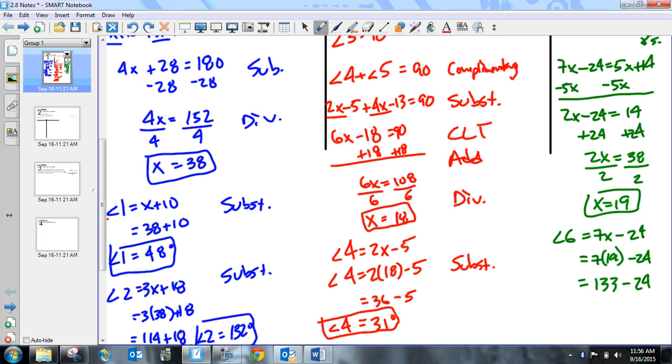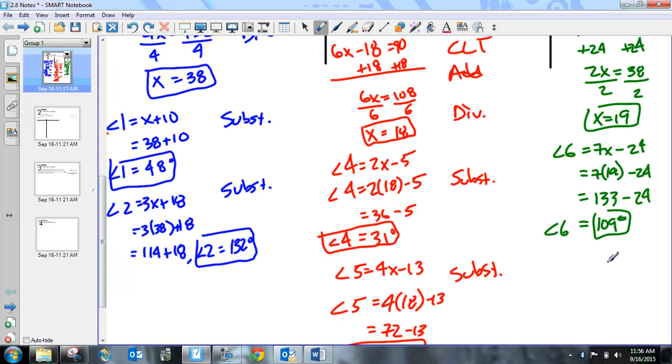Minus 24, so if I subtract 24 from that, that's going to give me 109. So angle 6 is 109. Now, here's the thing, guys. Because I know that these angles are congruent, angle 7 also has to be 109 degrees.